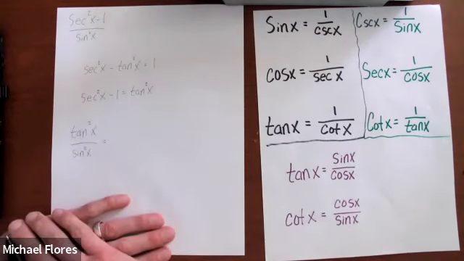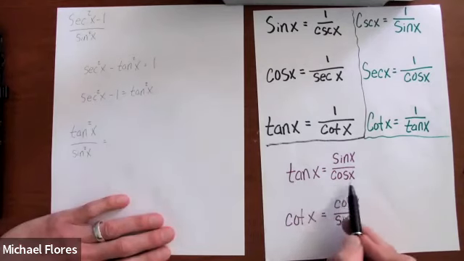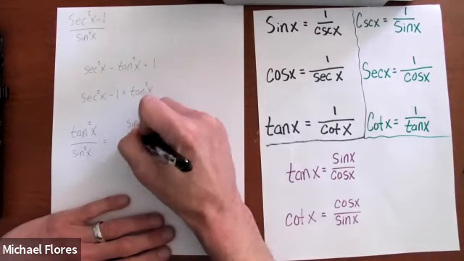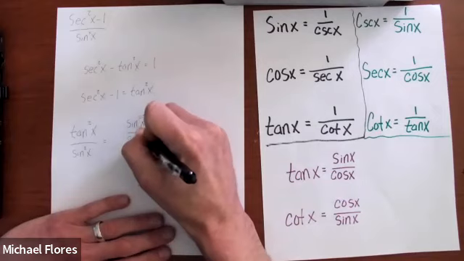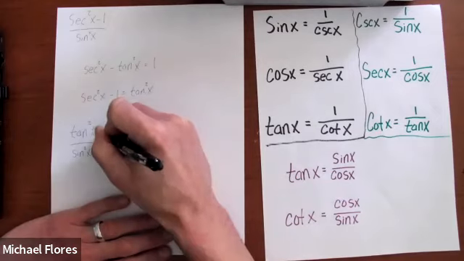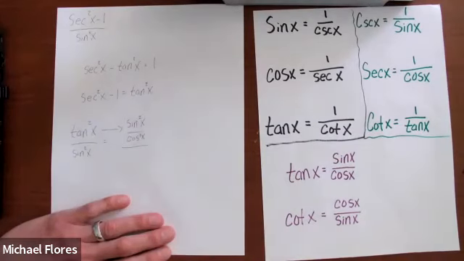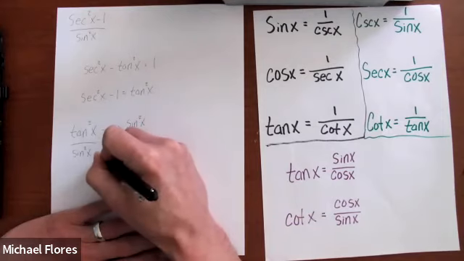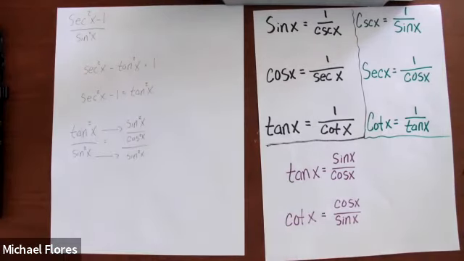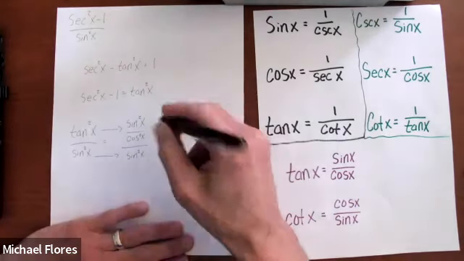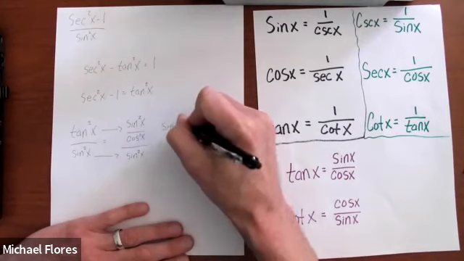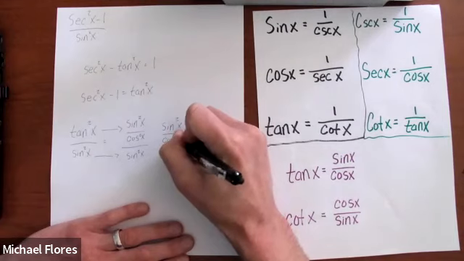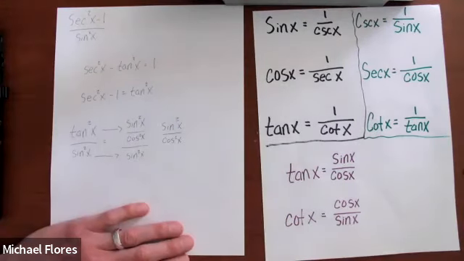Okay, now tangent squared of x. Remember, that is a quotient identity. So I'm going to change that up. Tangent squared of x is the same thing as sine squared of x over cosine squared of x. Now we have a keep, change, flip scenario here. We want to keep sine squared of x over cosine squared of x.